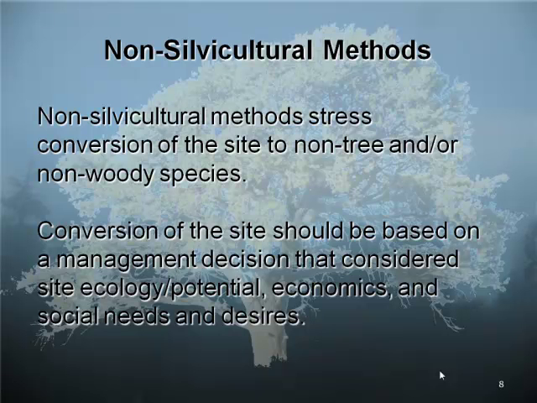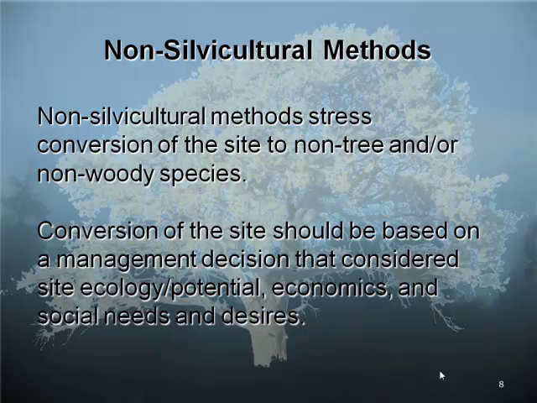So when you're making decisions, you're going to have several factors to consider whether you're going to do silviculture or non-silvicultural methods. So what's the ecology? Is it a persistent or perennial tree site?